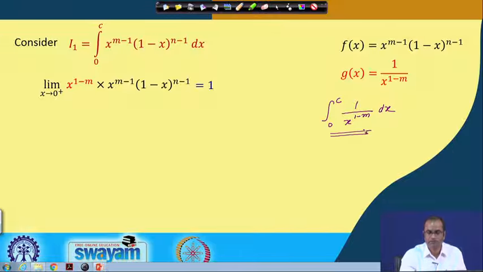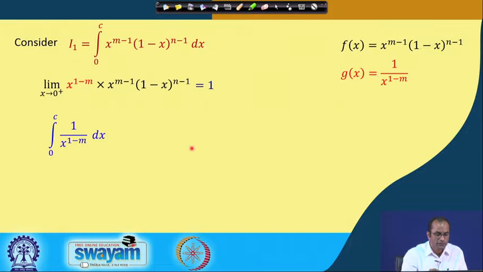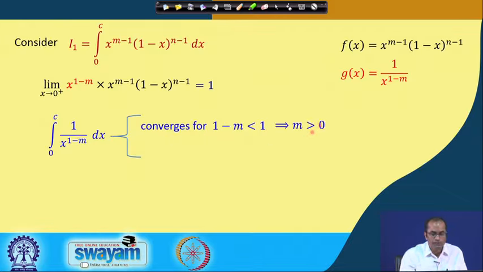This is the test integral we have discussed, and this integral converges when 1 minus m is less than 1, that means m is greater than 0. So, we conclude that this test integral converges when m is greater than 0, and we also know about the divergence as well.